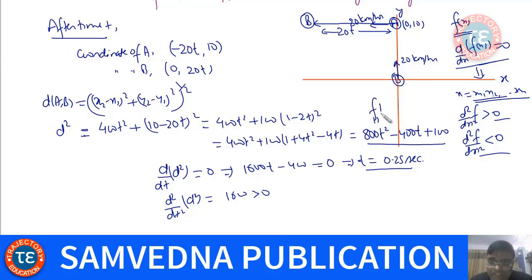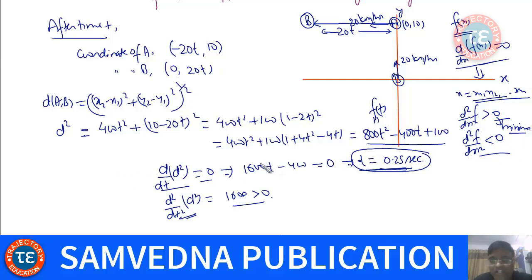So what I have done is, this is a function f(t), and I want the value of t for which this is minimum. So I took the first derivative and equated to 0. I got this value. Then in order to check whether this is a time of maxima or minima, I took the second derivative, and I got 1600, which is greater than 0. So that means this corresponds to minima. If it is greater than 0, it corresponds to minima.